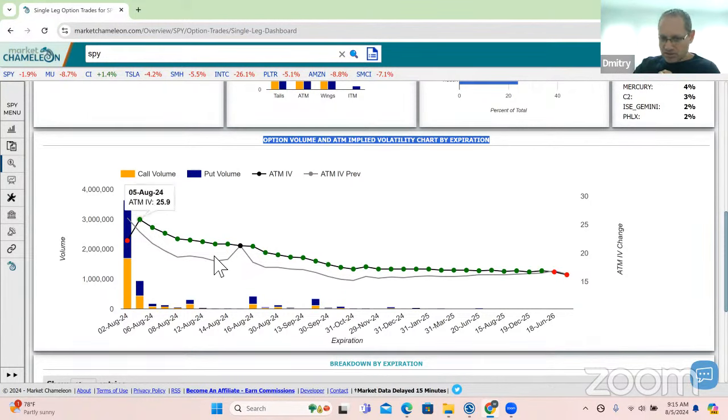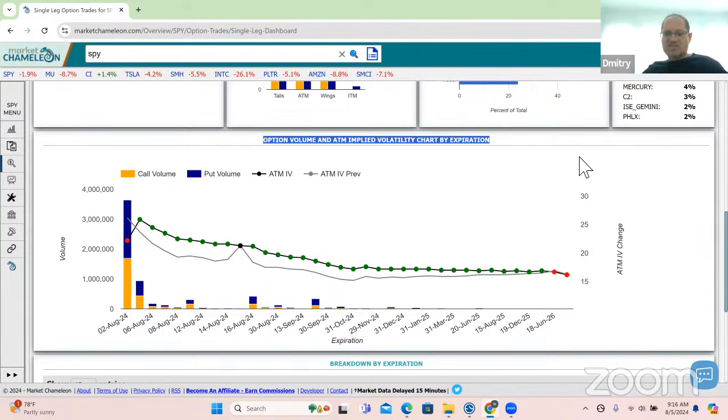The reason we look at the solid gray line going across different expirations is because each expiration has its own implied volatility. It's not like implied volatility is 20 and every single option is 20. It doesn't work that way. Implied volatility can be different for different options based on strikes, based on different expirations and so forth.